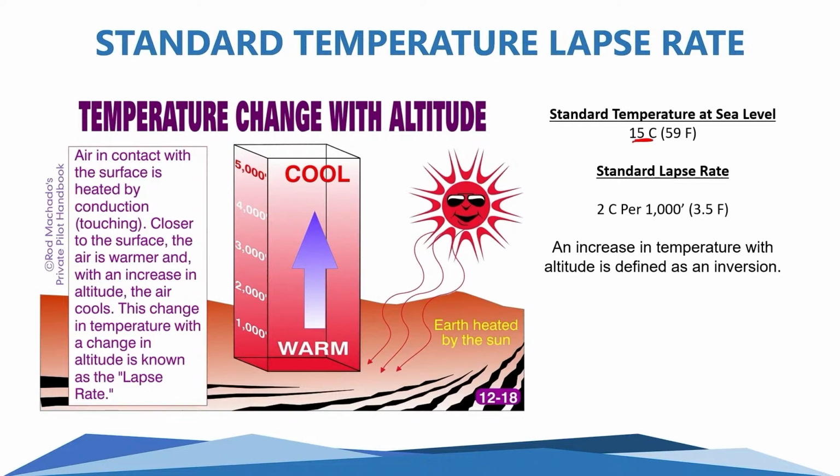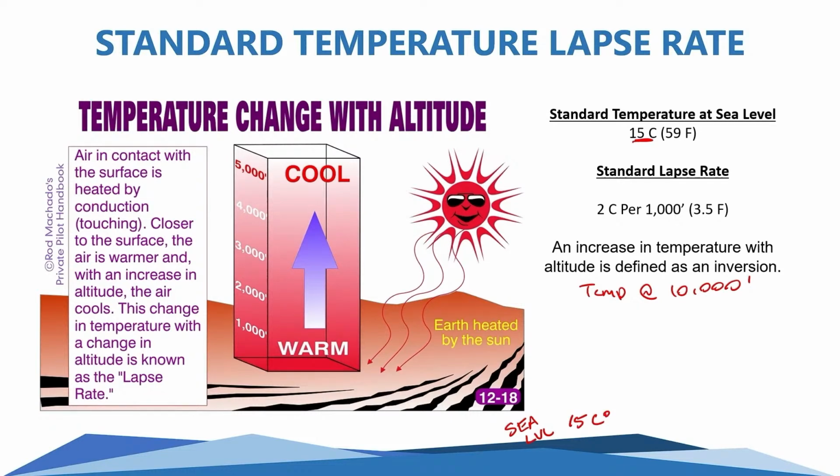So very simply, let's say we want to know the temperature at 10,000 feet. We can figure that number out based upon the standard lapse rate. Let's assume we have a standard day. So at sea level, it is 15 degrees Celsius, and we know that every 1,000 feet, it gets 2 degrees colder.